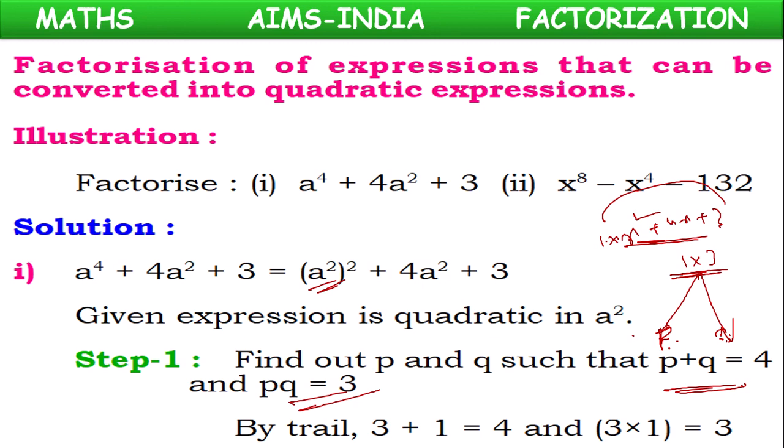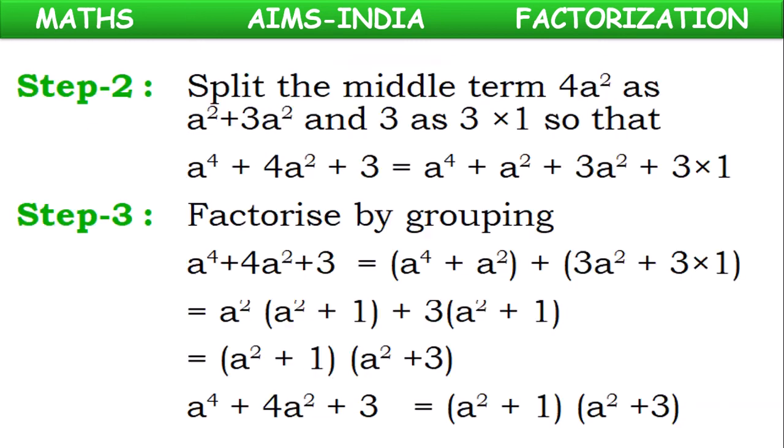So 1 into 3, product is 3, and 1 plus 3, sum is 4. So the two numbers satisfying this, by trial and error, by guessing method, are 3 and 1.